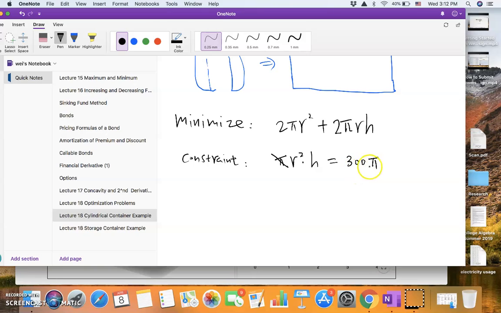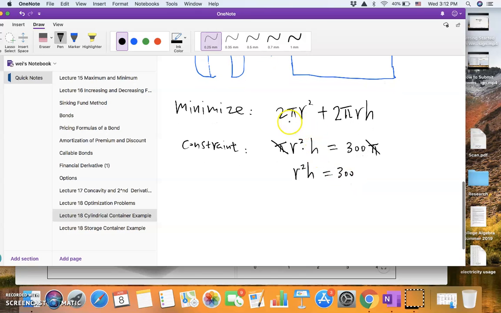So in other words, r squared times h equals 300. In this quantity, we have 2 variables. One is the radius r, another is the height h.